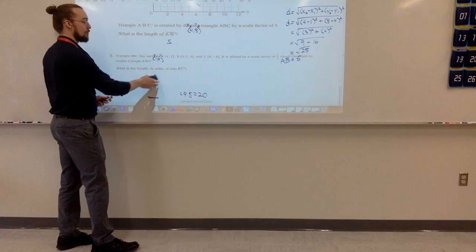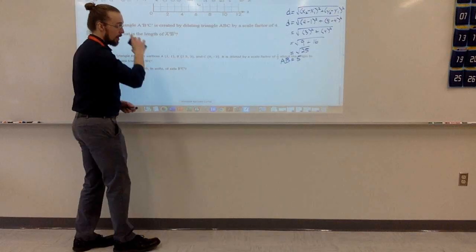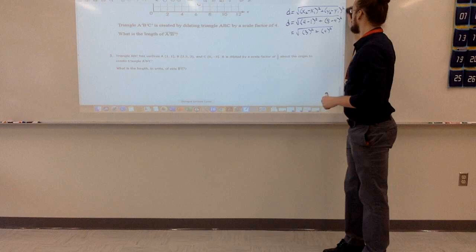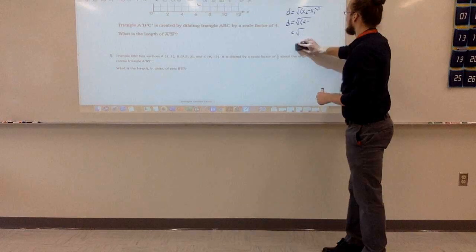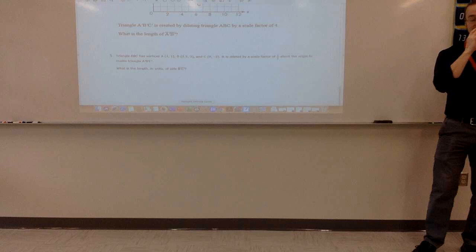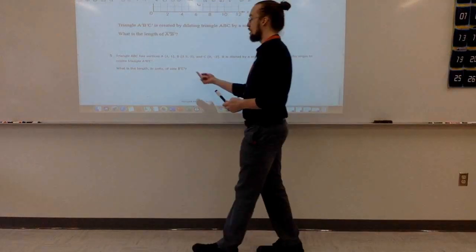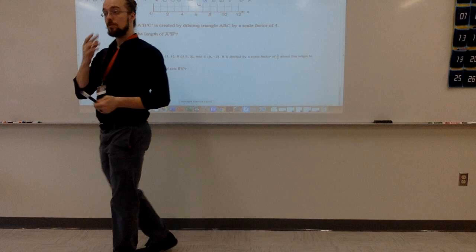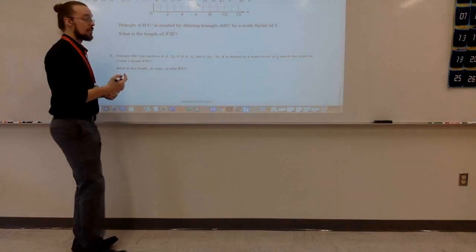And then they tell us that our new triangle is dilated by a scale factor of 1/2. We want to find the length of our new side, B prime, C prime. So, to do that, let's first find the length of BC, and then just multiply that by 1/2.